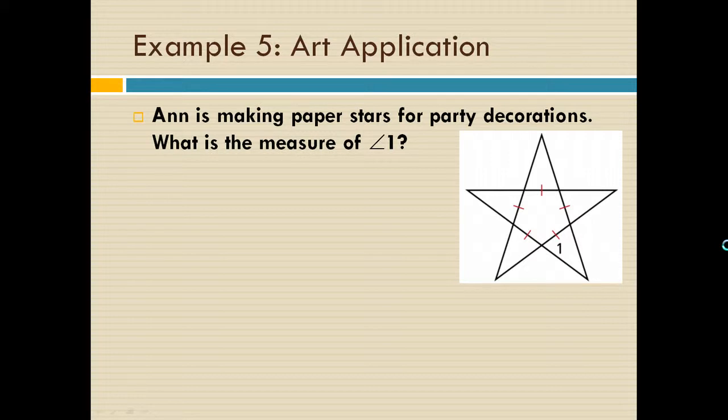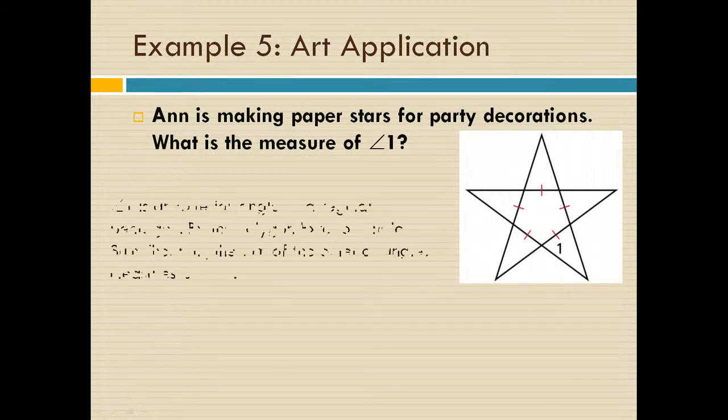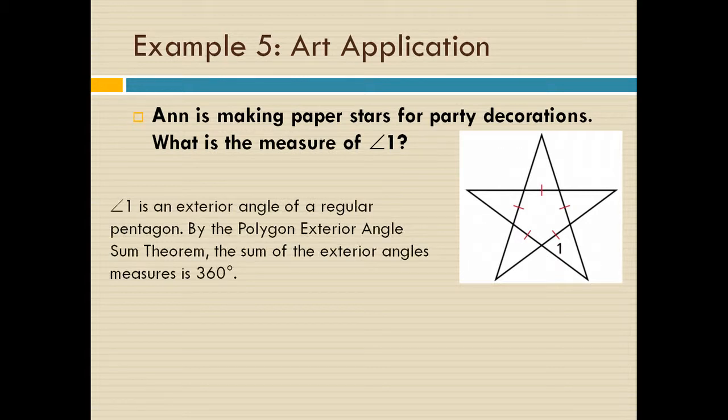Let's look at an application of using this. Anne is making paper stars for party decorations. What is the measure of angle 1? Angle 1 is an exterior angle of a regular pentagon. If you look in the middle of her star, this is a regular pentagon. Angle 1 here is just the extension of one of the angles.